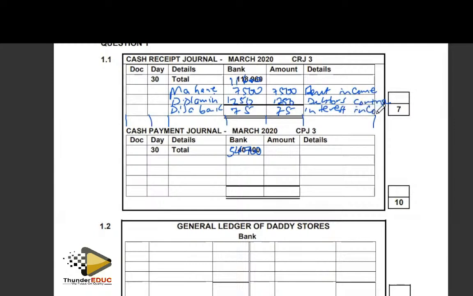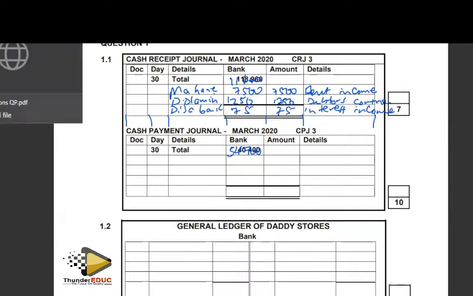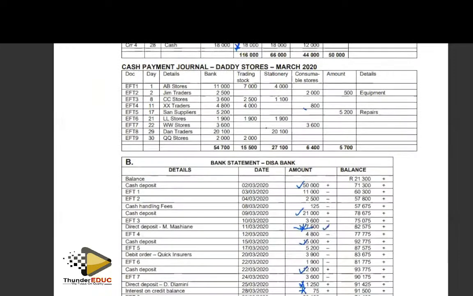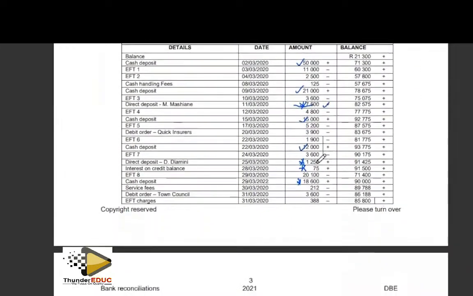Now we need to check if we received anything else. Remember, we are recording what was on the statement, and we never recorded it in our books. So when I check here, 18,600, we never recorded it. It was a cash deposit. So we need to check.